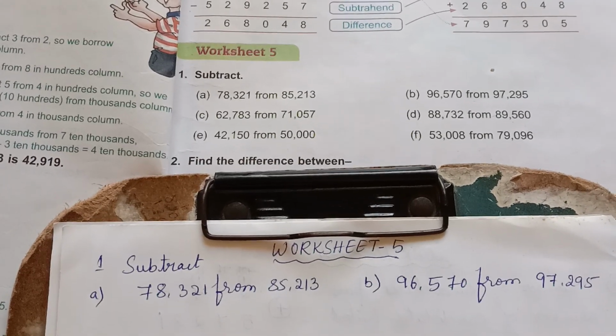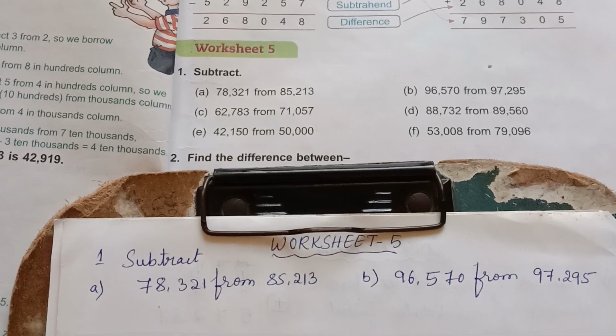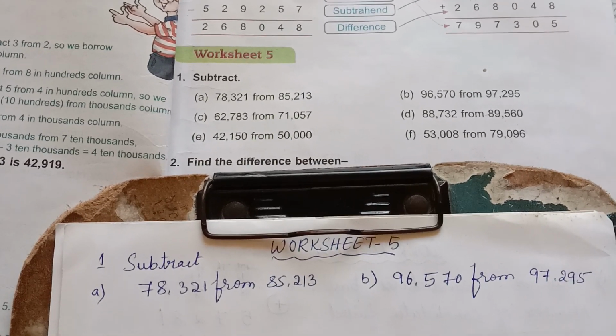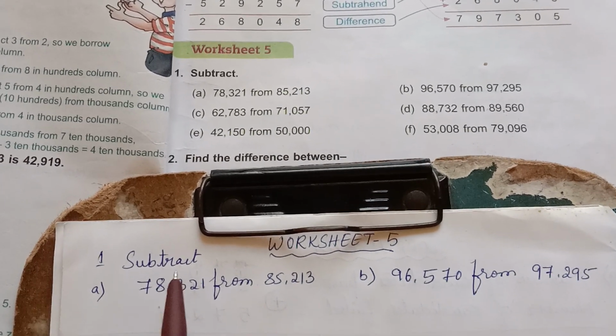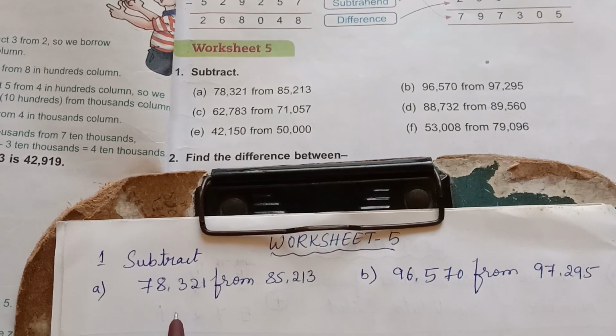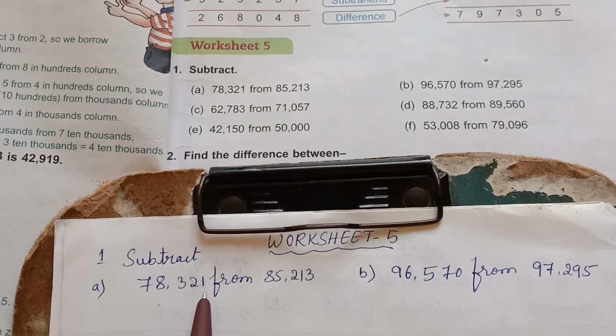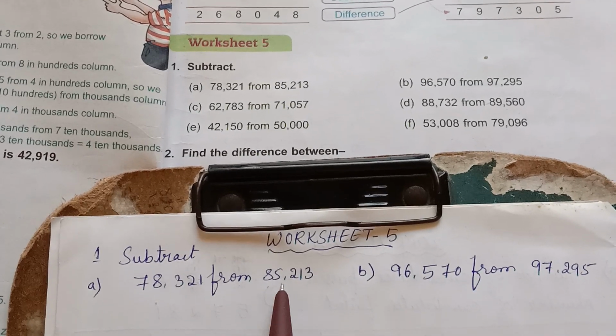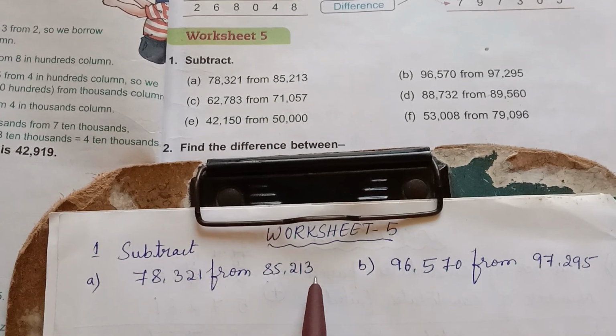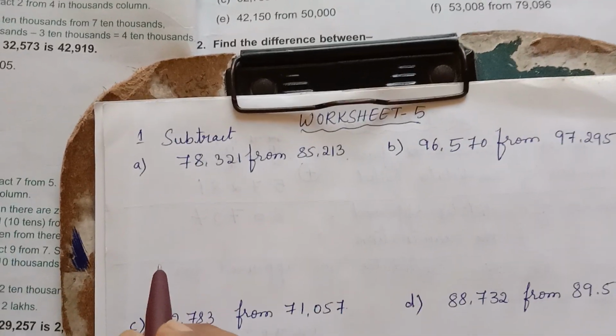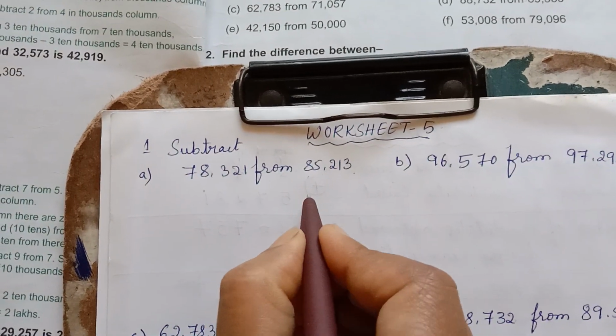Now let us solve worksheet 5, first main subtract. Here the numbers are given, we have to subtract 78,321 from 85,213. Okay, first we have to arrange in a column.